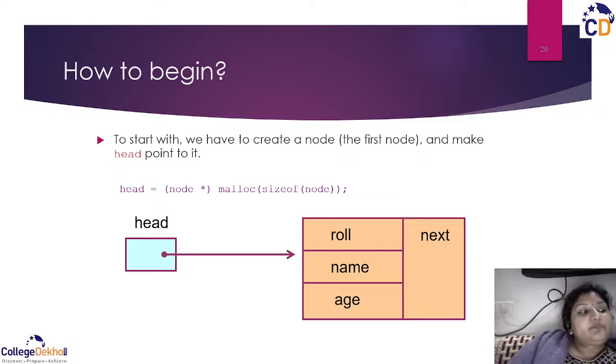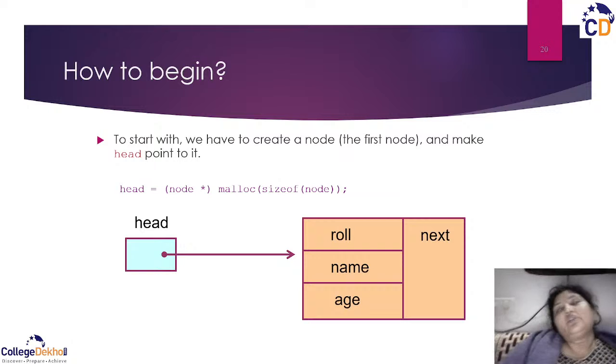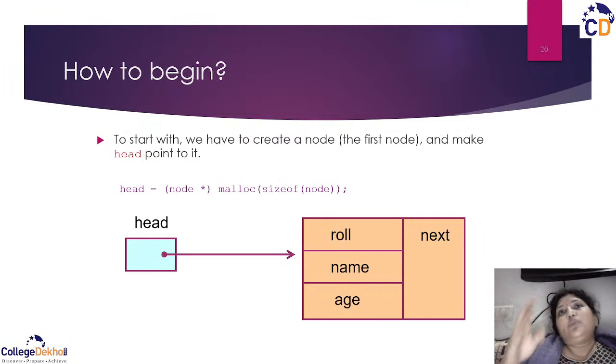I want to say one thing also. I told you at the start of this session that there are different advantages of a linked list. What are the advantages? You can directly insert any element. I have shown you direct operations like insertion, deletion, and traversing.